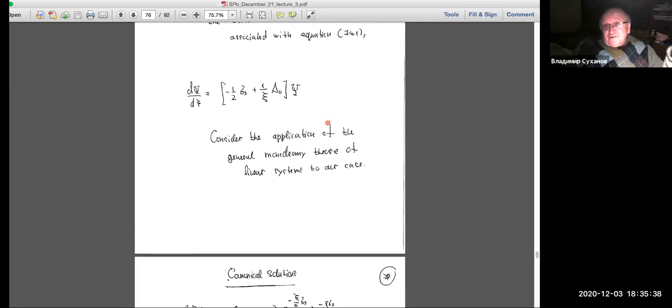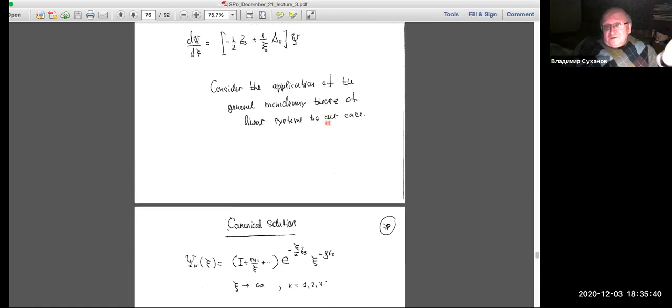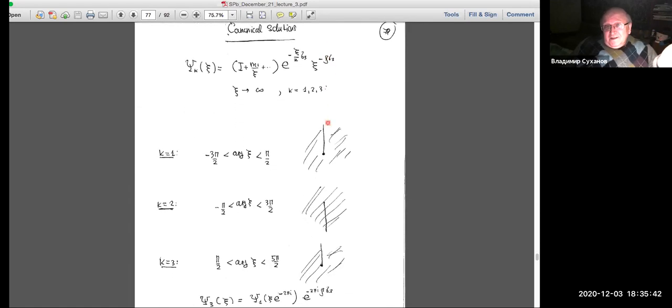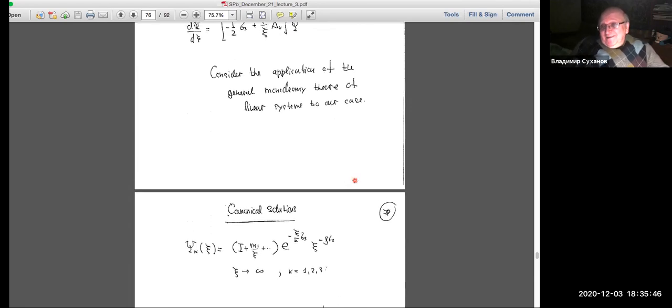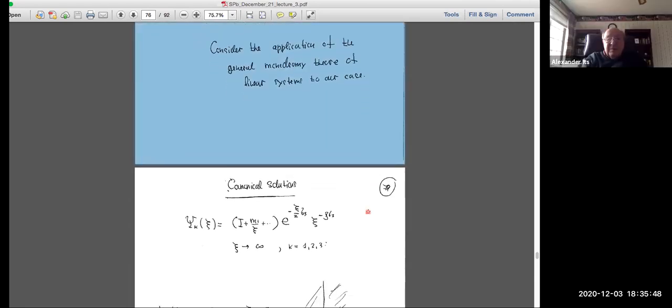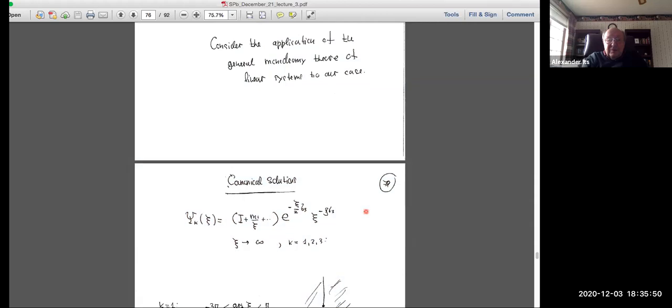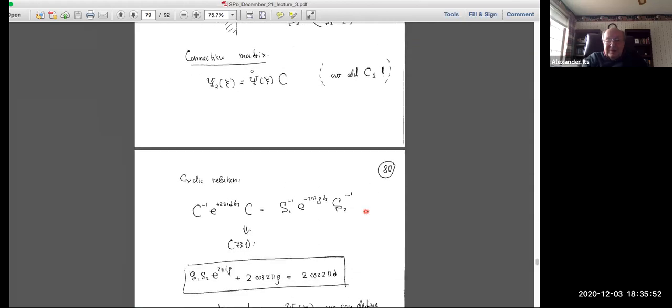But of course, the first step in such a situation is to transform this matrix solution to a scalar solution. Yes, but why cannot I do it directly?